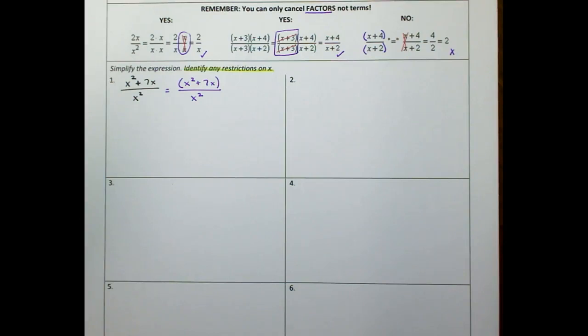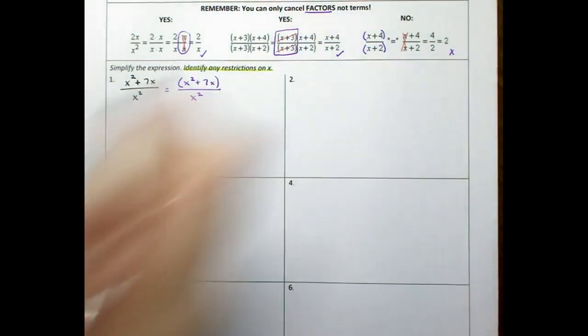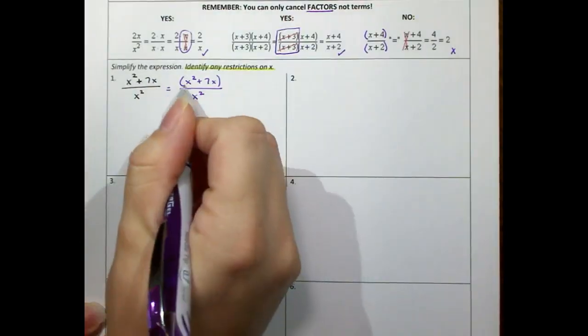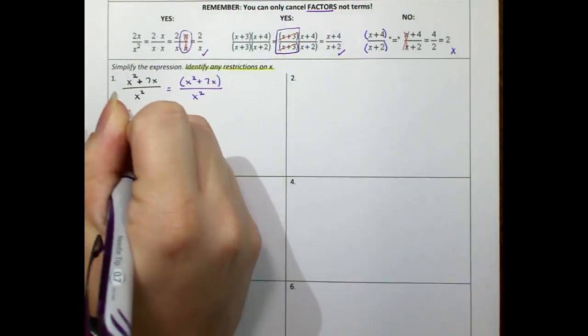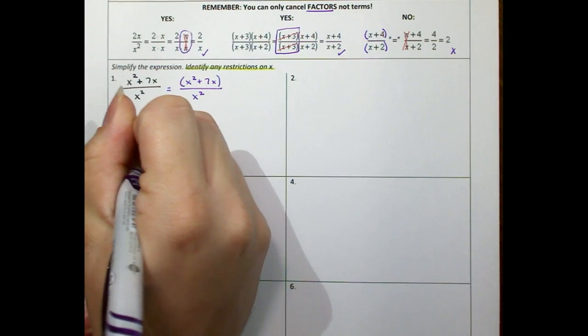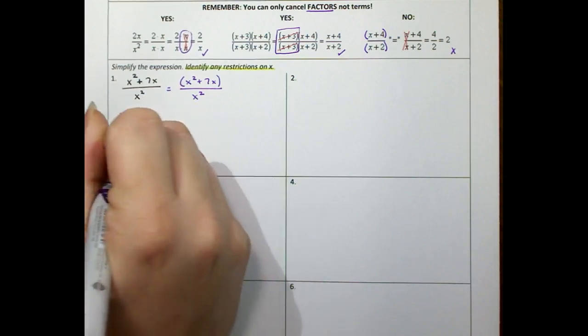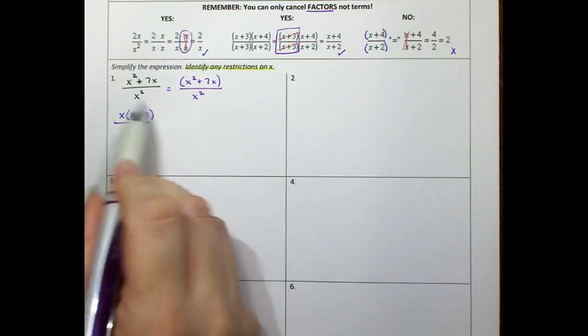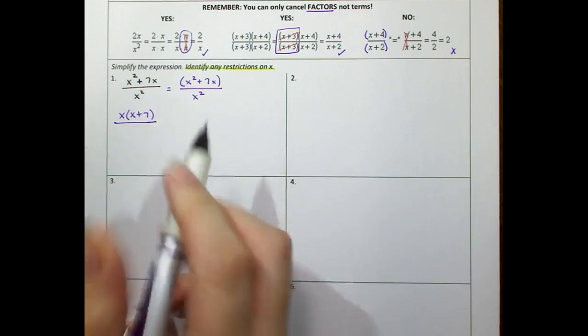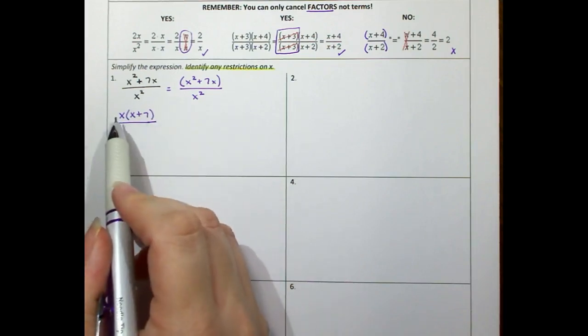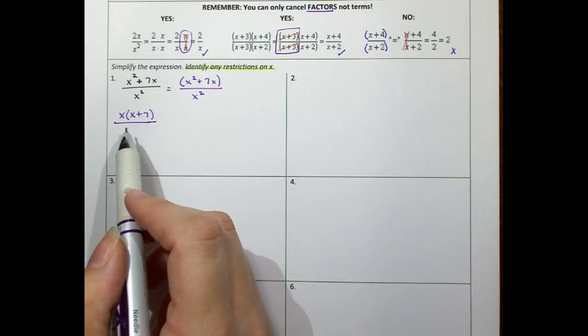Now the next thing we're going to do is factor completely. So x squared plus 7x is a binomial. In order to factor this, I would start by taking out the greatest common factor. So we'd have x, and then we'd have x plus 7 left. So the numerator is completely factored because x is a linear factor and x plus 7 is a linear factor.